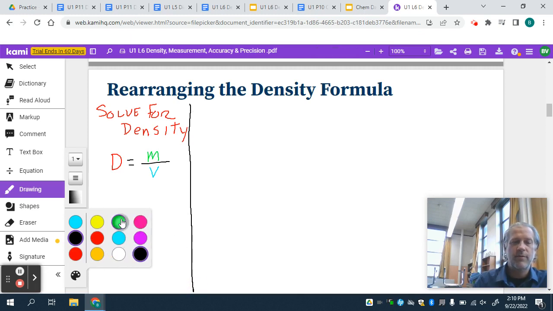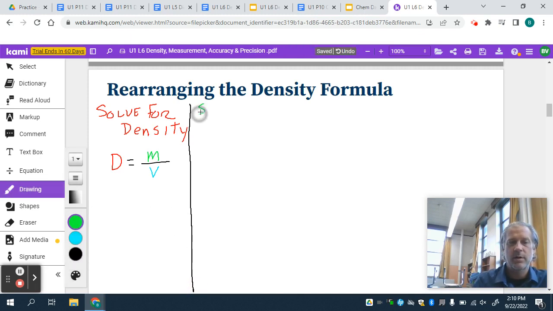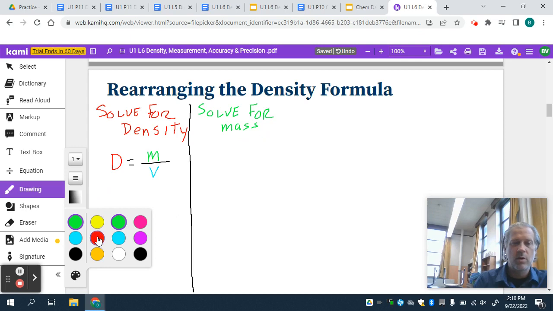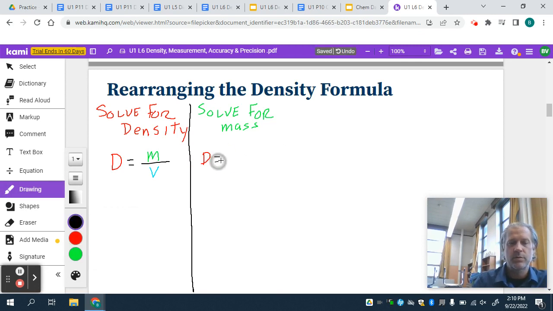However, if we're going to solve for mass, we are going to have to do a little bit of moving around of the variables. And we will start, just like we did before, with the density formula. So it's going to be density is equal to mass over volume.